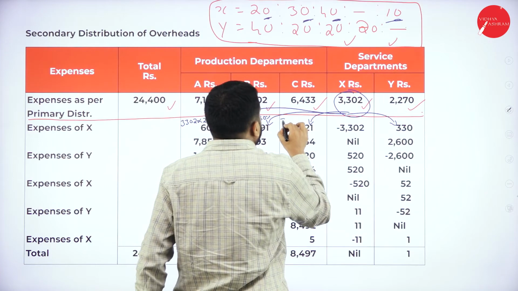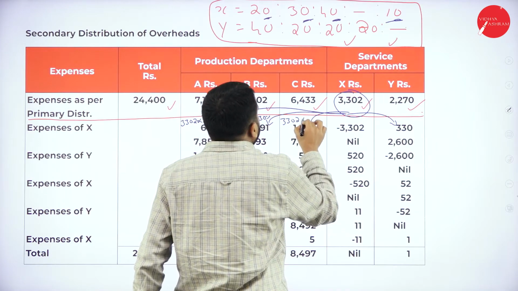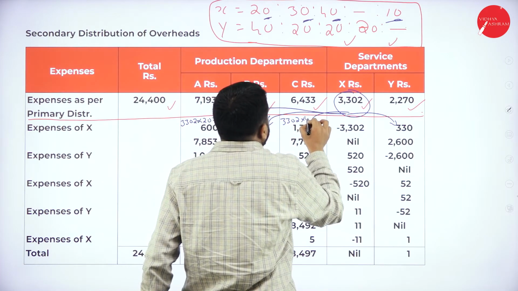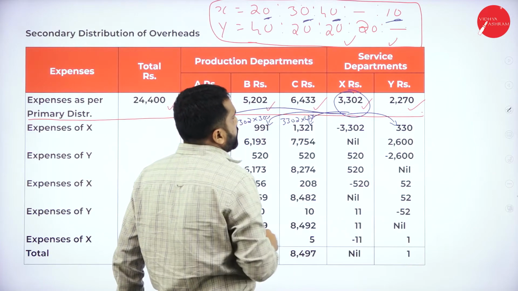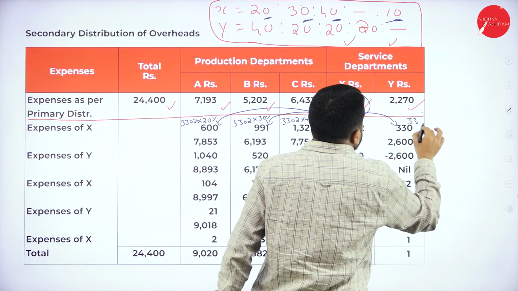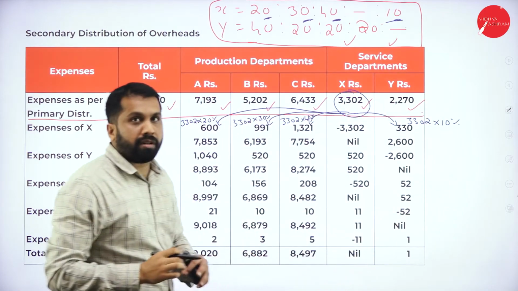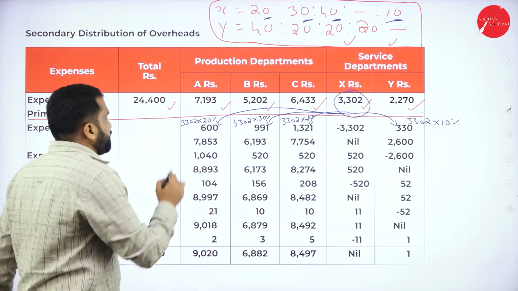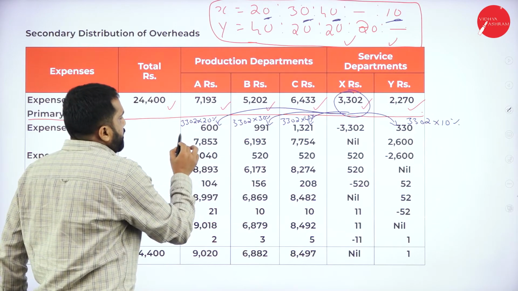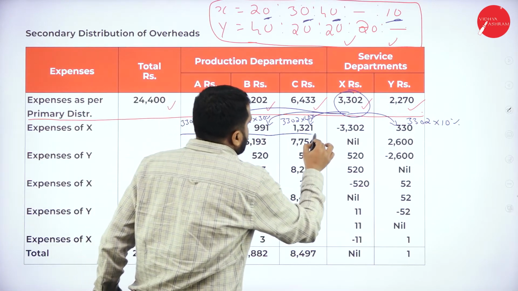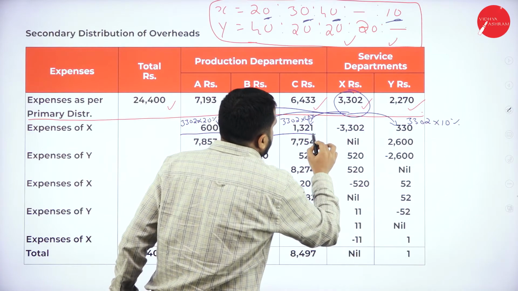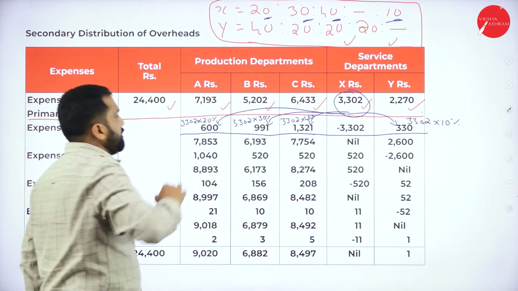Then 3302 into 40 percentage. 3302 into 10%. Hope you are clear. Then what happens? This fellow will get 600, 991, 1331. This will become nil and this will be 330.